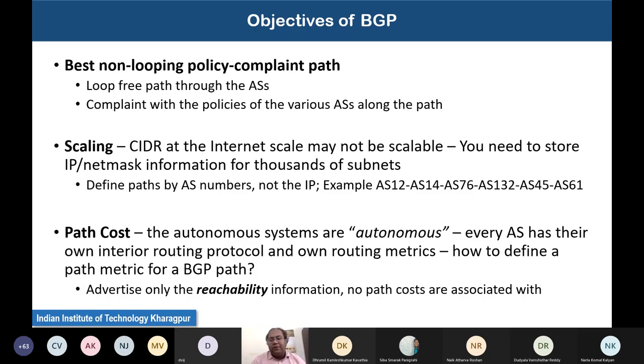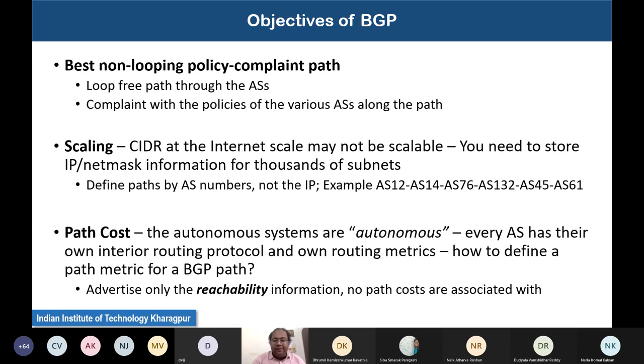That means one autonomous system might take the inverse of the network bandwidth as the path cost, another autonomous system might take hop count as the path cost, and a third might take the delay as the path cost. Now, whenever I am defining an end-to-end path, how am I going to define the path cost? Because these are different metrics, and you cannot just simply add or subtract different metrics to define the path cost. That is not possible.